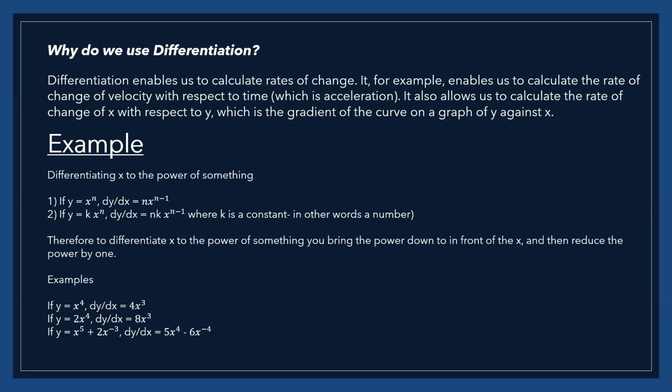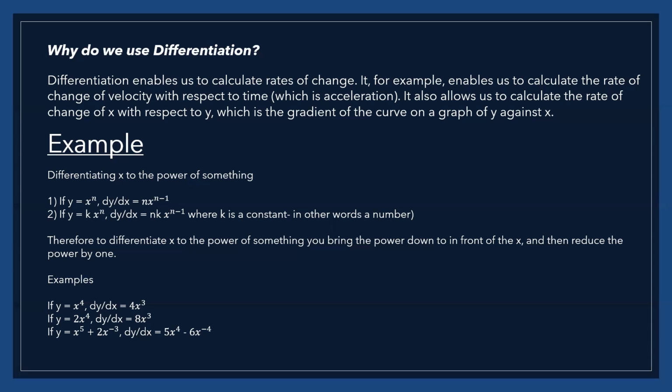Number 2, if y equals k x^n, then dy/dx equals n times k times x^(n-1), where k is a constant, in other words, a number. Therefore, to differentiate x to the power of something, you bring the power down in front of the x, then reduce the power by 1.